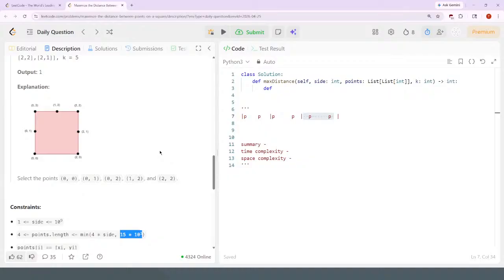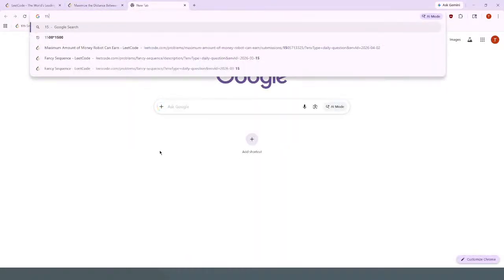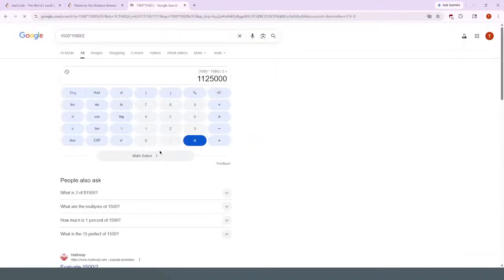It's n squared or n squared divided by 2, one of the two. Which I said was roughly a million, right? 15,000 times 15,000 divided by 2, 1.1 million.